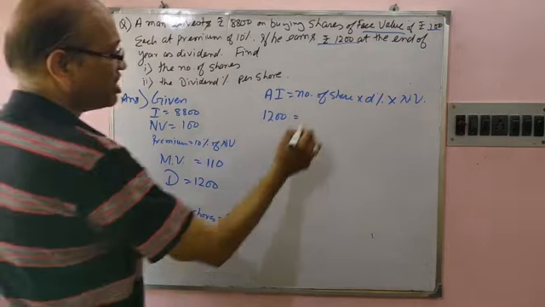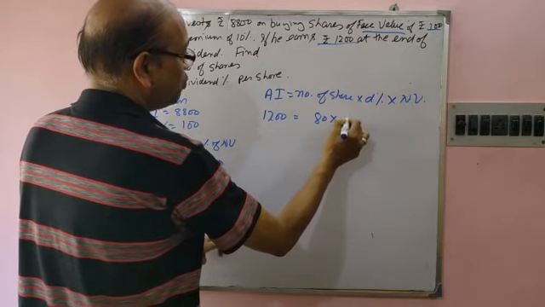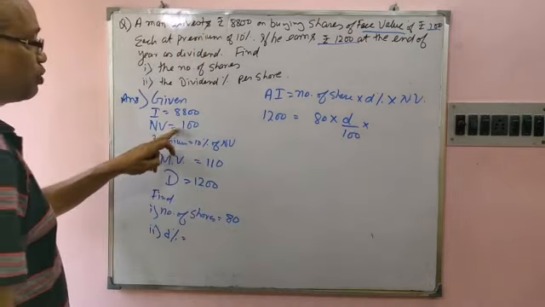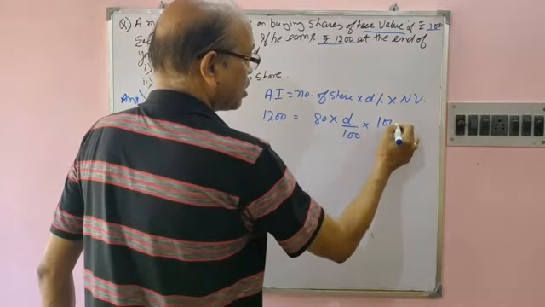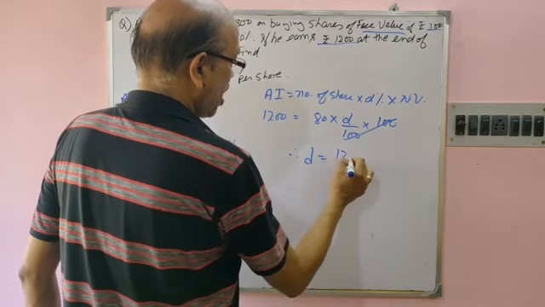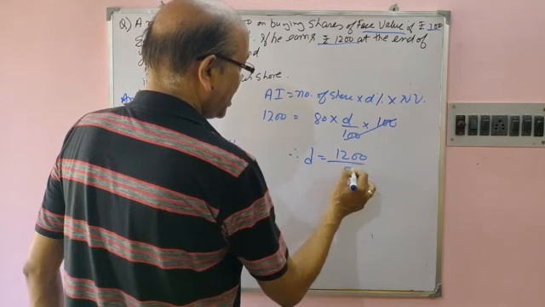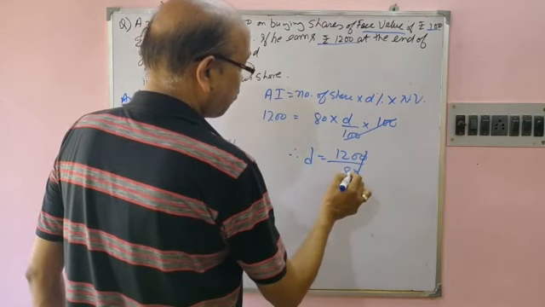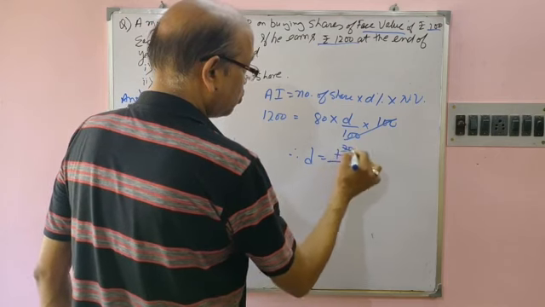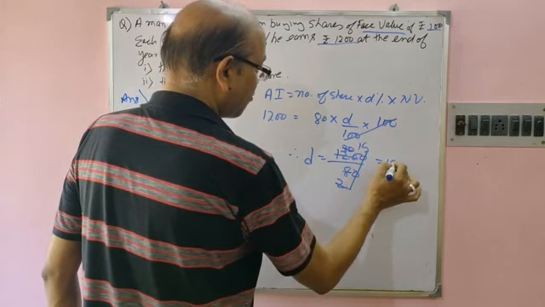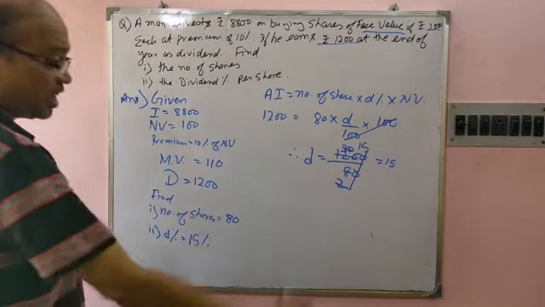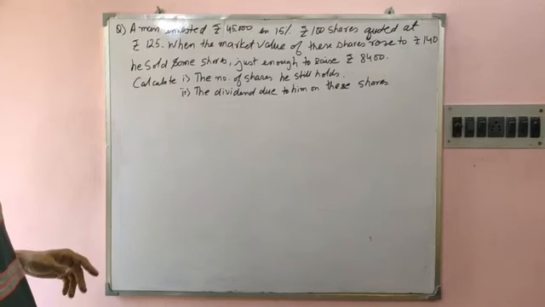Number of shares is 80. We have to find D percent, D by 100 into nominal value, which is 100. Therefore D is equal to 1200 by 80, which is 15. Therefore D percent is 15%. Clear?